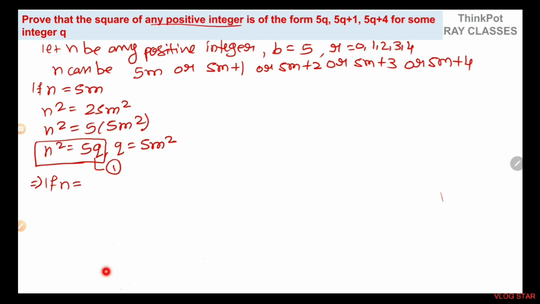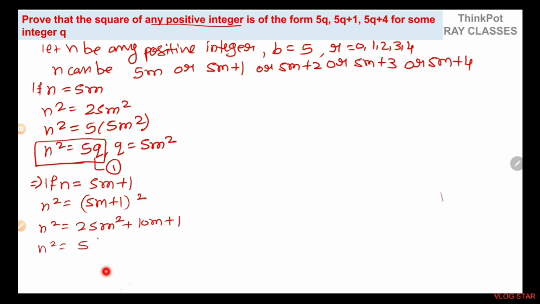If the value of n is given by 5m plus 1, then what will happen? Then you can make the square of this. You have 5m plus 1 the whole square. You will get n square is equal to 25m square plus 10m plus 1. So n square is equal to, take 5 common, 5 times 5m square plus 2m, plus 1.